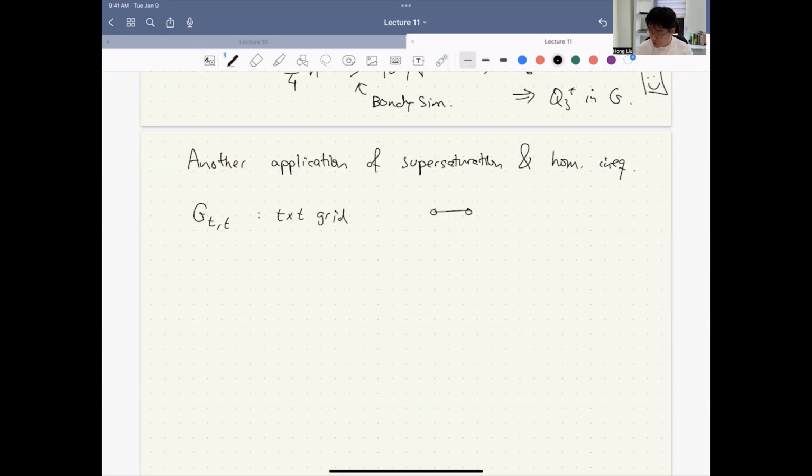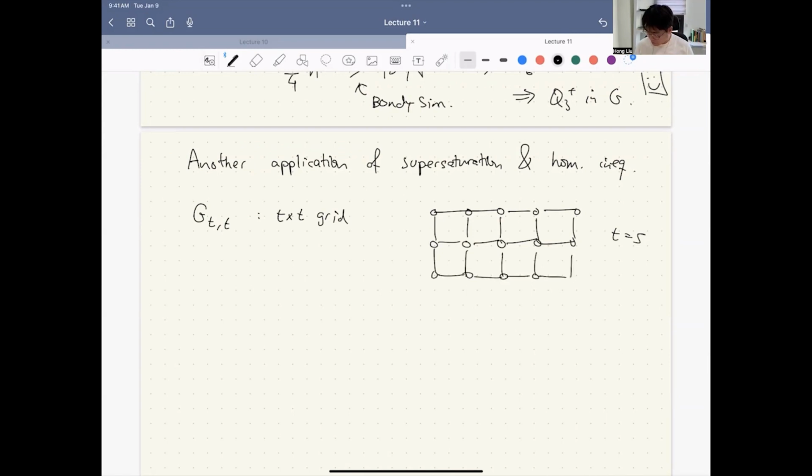Very simple how it looks like. Let me draw. Okay, this is T equal to 5, a 5 by 5 grid.